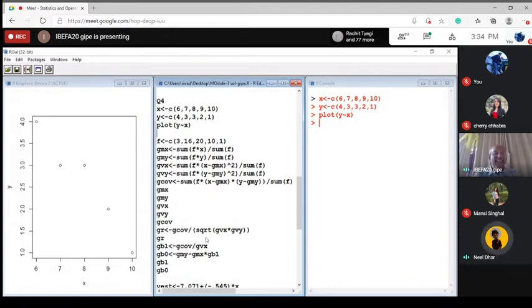Only we know this because we've only entered the x and y plot. So the computer has no data regarding the frequency yet. When I plotted x and y, there are 5 classes, 5 frequencies, so each class has a frequency 1 point.